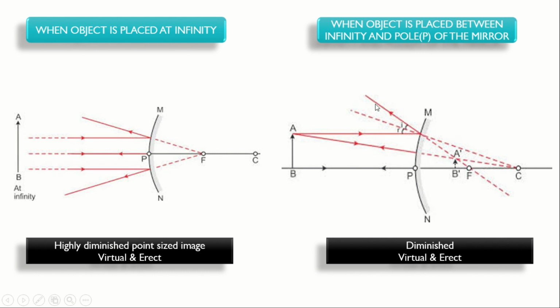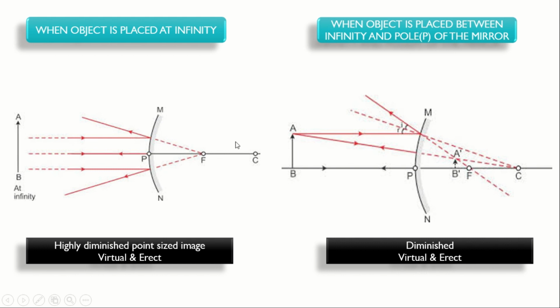So these are the two reflected rays, and the two reflected rays coincide at a point. At this point, the image formation will happen. The image will be between the pole of the mirror and the principal focus. So this is the image formation when the object is placed between infinity and pole.